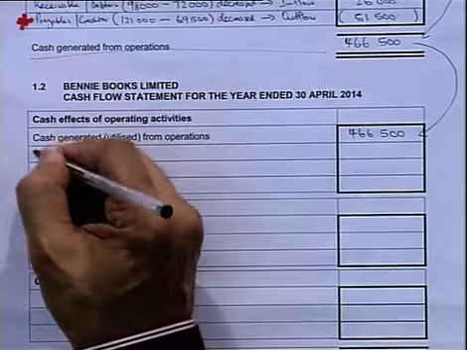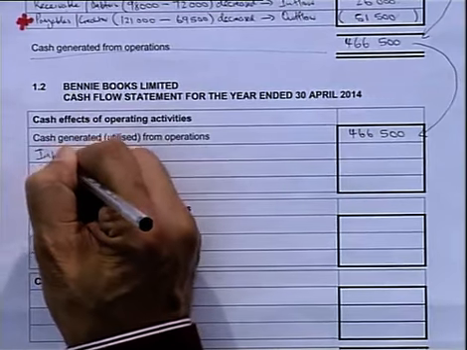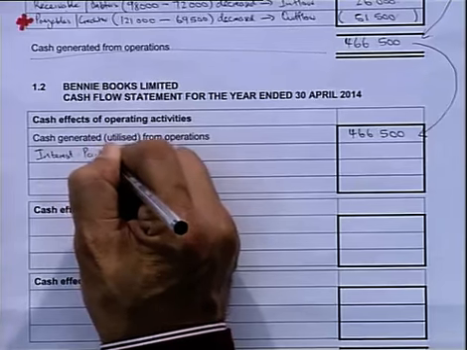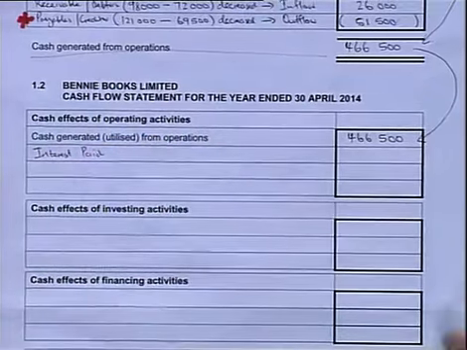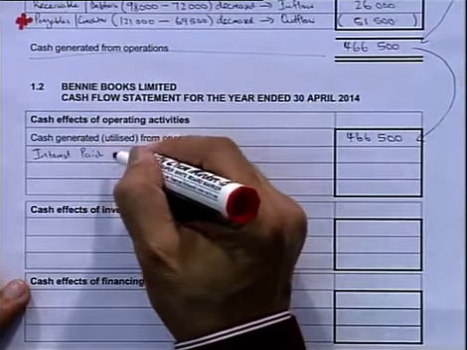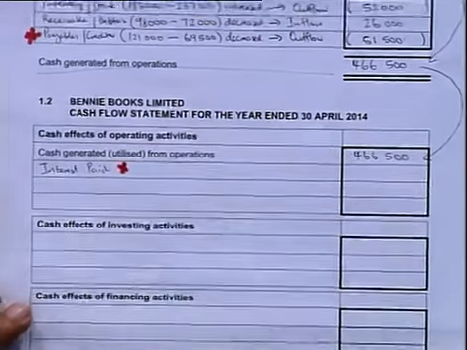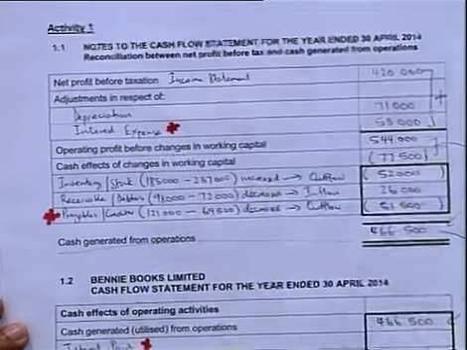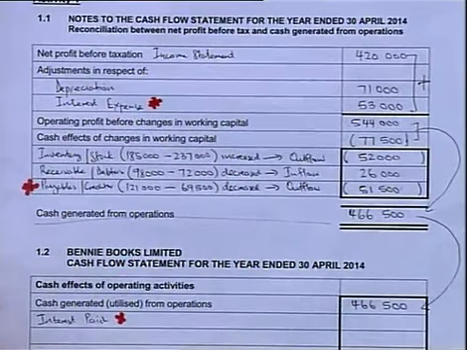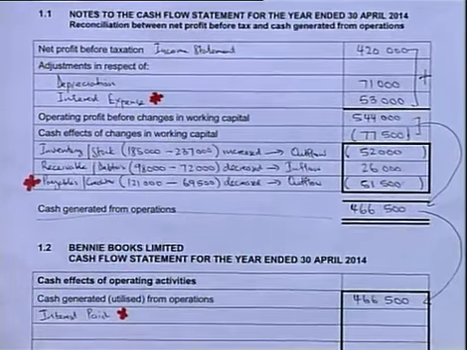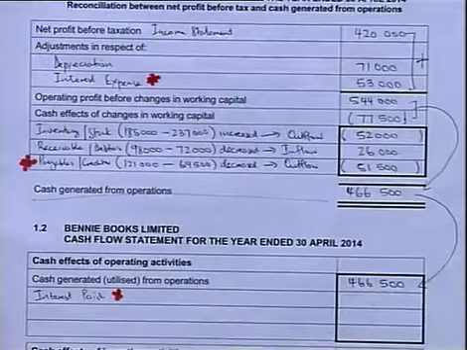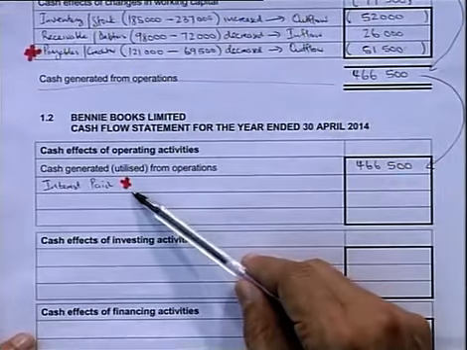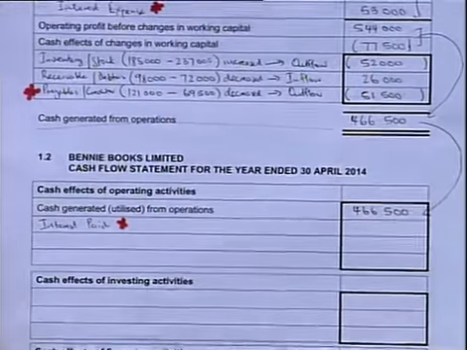Okay? So for the first item, it's going to be interest paid. Let me mark this one also. The interest paid and the interest expense. In most cases, the interest expense and the interest paid will be the same figure.